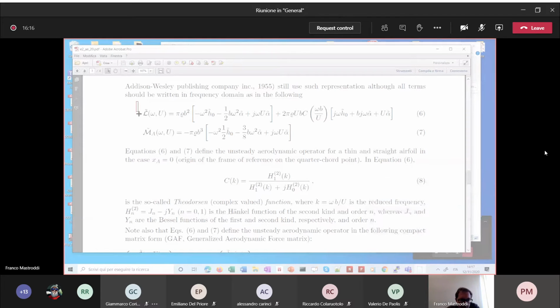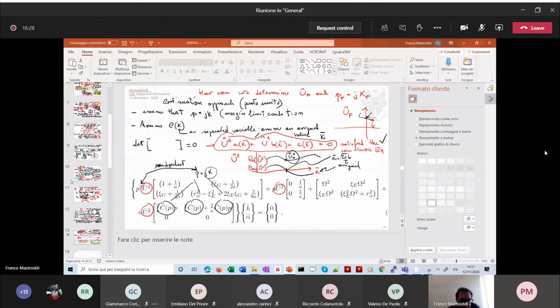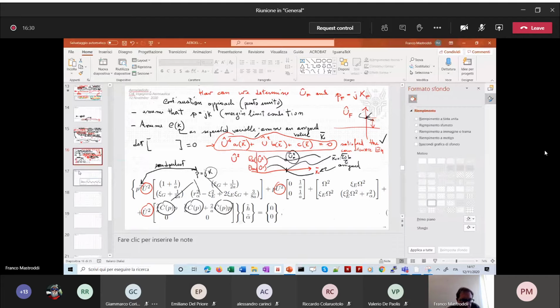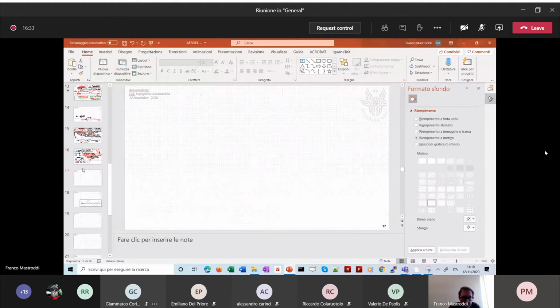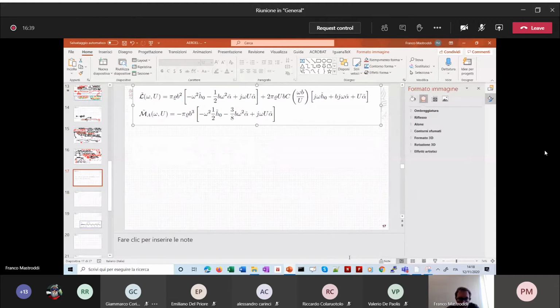This formula is actually giving the generalized force in frequency domain as a function of the state space variables. And in this case, the state space variables are here the plunge and the pitch.